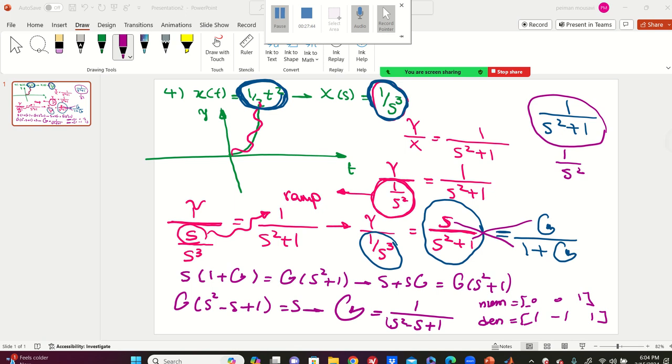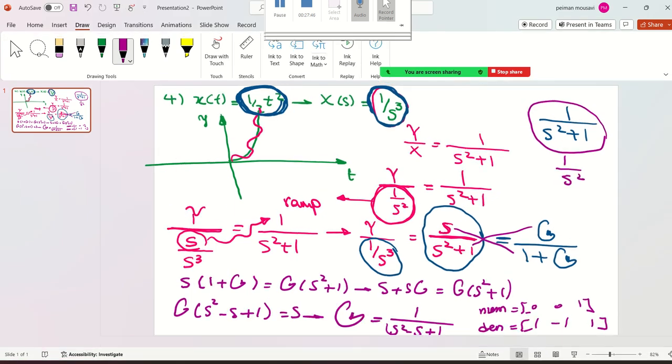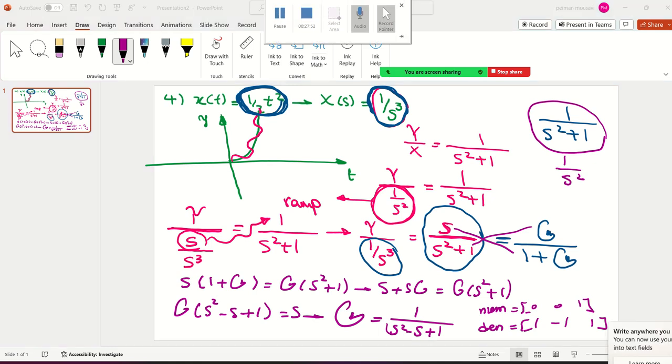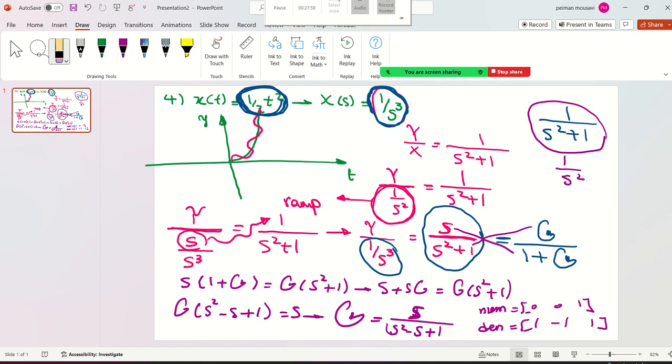I see now. Because I'm driving with you. Oh, this is S. See, S. So the numerator is going to be 1 and 0. Here we go. S. You got it, everybody? The mistake was here.